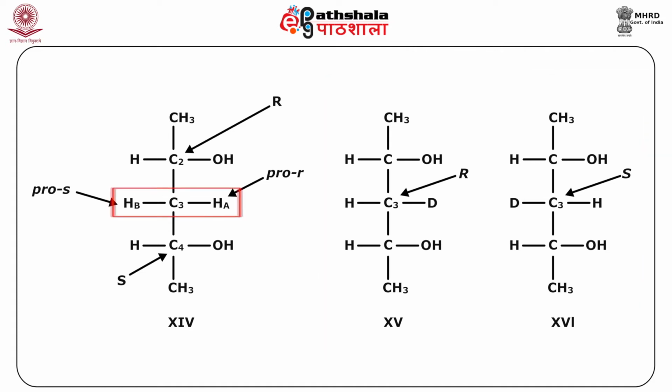The carbon atom number 3 in the structure 14 may therefore be called a pro-pseudo asymmetric center, or perhaps more logically, as said by Mislow and Siegel in 1984, a pro-stereogenic center, but a pro-chirotopic center. HA is pro-R and HB is pro-S.